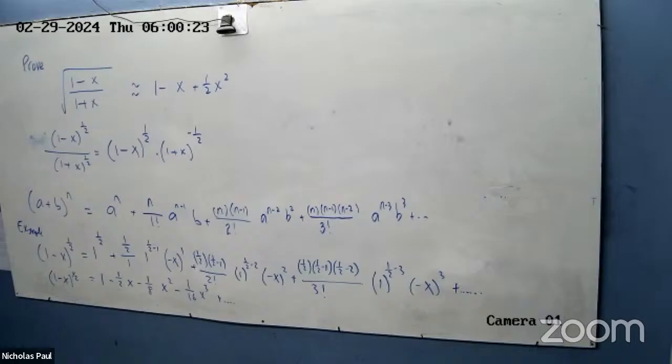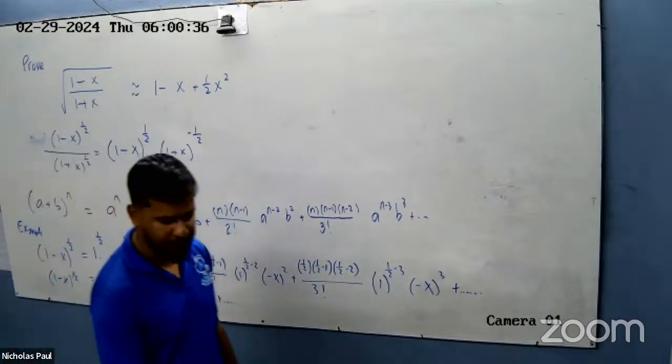Taylor series is where you have to differentiate and then plug in a value. We'll do that today for sure. If we can squeeze in roots, we will do that.